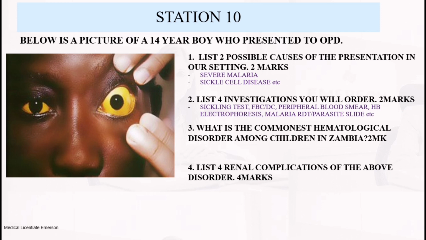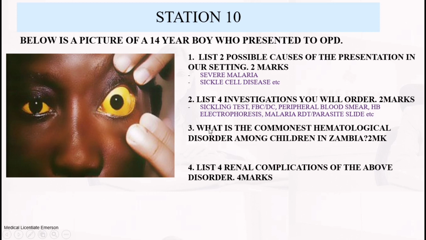Of course we can do a sickling test, full blood count with differential count, peripheral blood smear, HB electrophoresis, and since we included malaria here, we can do an MRDT, or specifically a blood slide for malaria parasites. But of course there are also others which we have not mentioned here, so don't be limited to these ones.